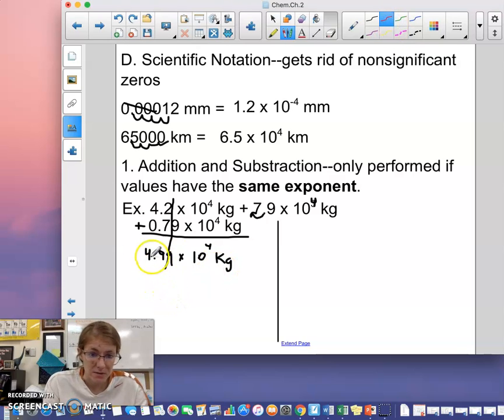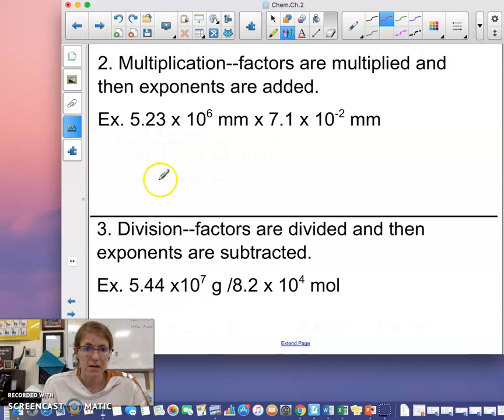My answer, I'm going to round, is going to be 5.0 times 10 to the 4 kilograms. There we go. That's it. Okay. All right, moving on.